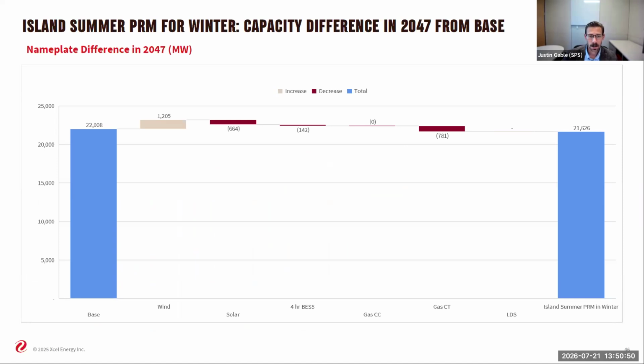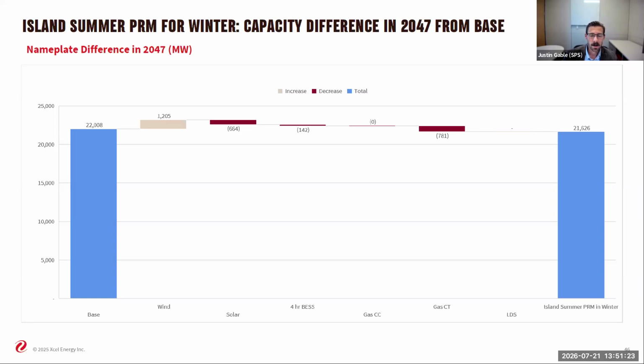In that scenario, you can see that we add a little bit more wind, but the model reduces the amount of solar and 4-hour batteries and gas CTs. With the reduction of these resources, the islanded summer PRM in winter scenario is a lower nameplate megawatt build than the base scenario, but it has a higher NPV that is substantially driven by the EUE in the model.